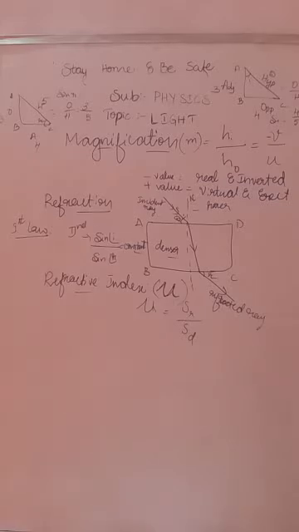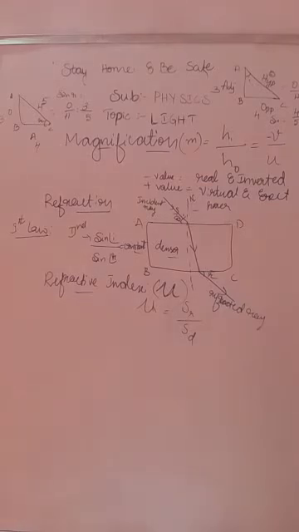And one more thing you have to concentrate on here: which media's refractive index is less. The media having the lowest refractive index allows the light ray to pass through easily, and the media having the higher refractive index does not allow the light to pass through easily.